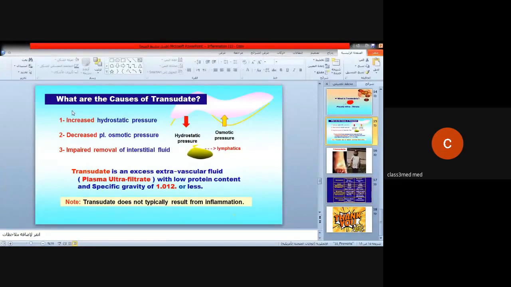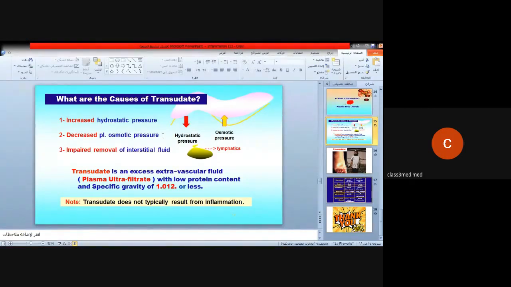Transudate occurs either when there is an increase in the hydrostatic pressure, as in congestive heart failure, or decreased plasma osmotic pressure, either due to the loss of protein, as in renal failure, or there is no production of protein in the body, as in liver diseases and liver cirrhosis.